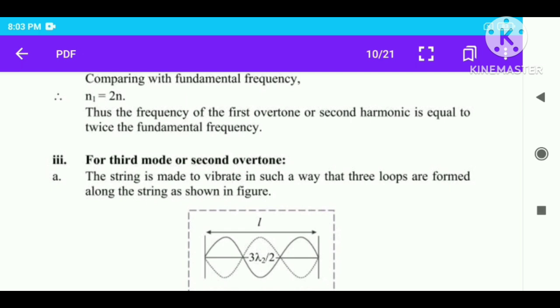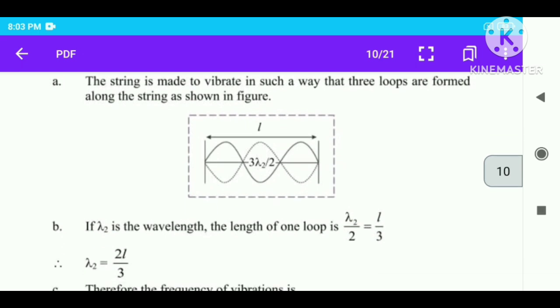Third, the third mode or second overtone. The string is made to vibrate in such a way that three loops are formed along the string as shown in the figure. Diagram. B: If lambda 2 is the wavelength, the length of one loop lambda 2 divided by 2 is equal to L by 3.